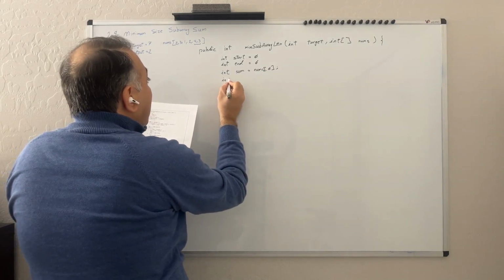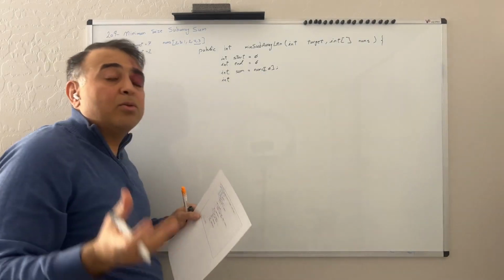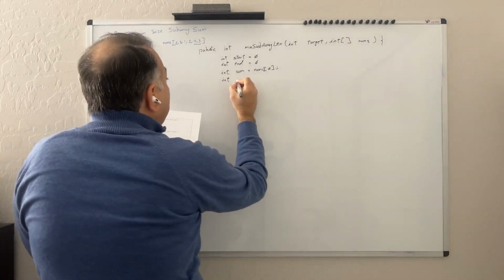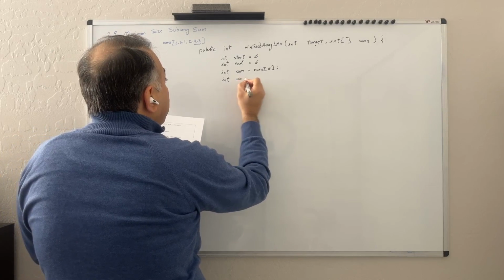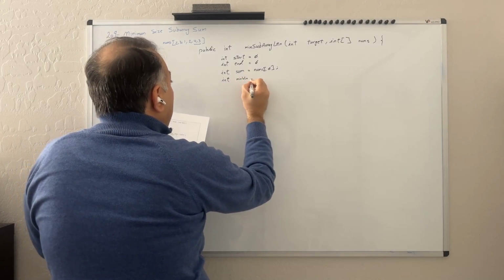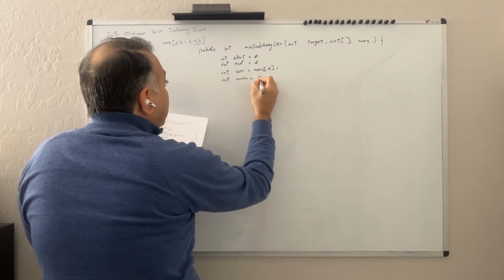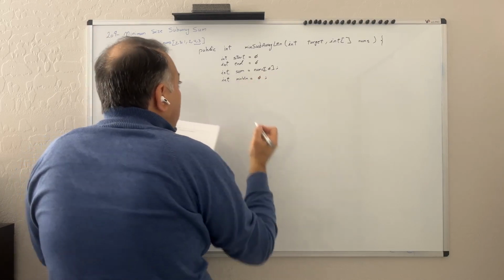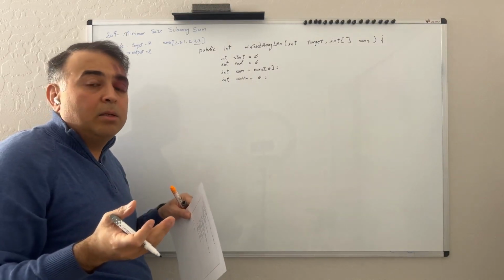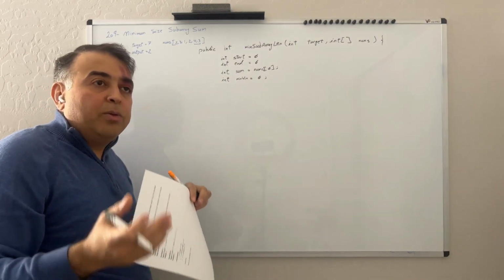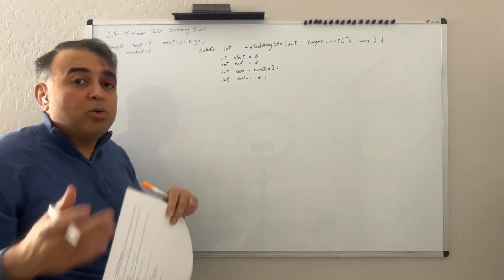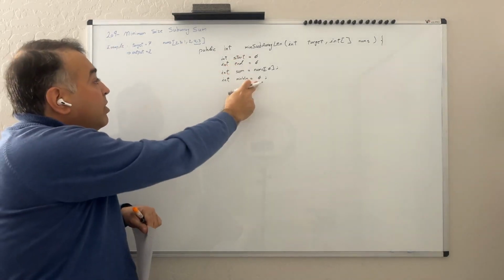And then I need to have a variable to keep the minimum window size. I name it minimum window size, and initially this one is 0, because if we do not find any window where the sum of the items in that window is equal to or greater than the target, we should return 0 at the end.